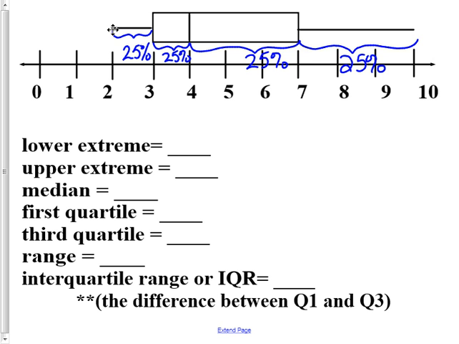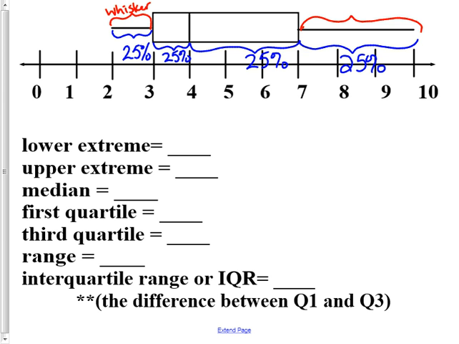Those 2 parts are called the whiskers, by the way. These pieces here and here are called the whiskers in our box and whisker plot. The whisker that represents the first 25% of the data is much shorter because that 25% of the data has less variability.